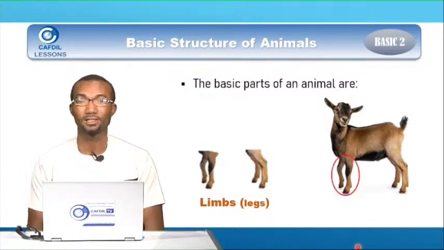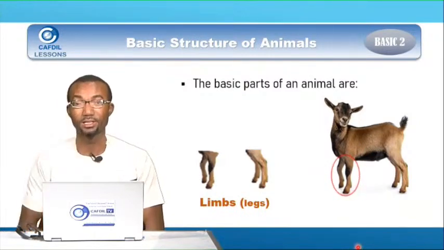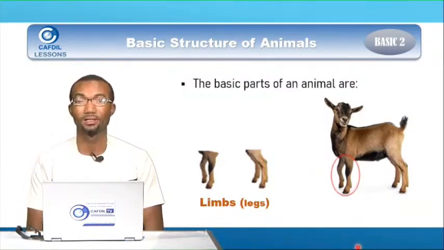The front legs, as you see on the screen, are called forelegs. Forelegs. The front legs are called forelegs. Kate, say it after me. Forelegs. Good. The front legs are called forelegs.